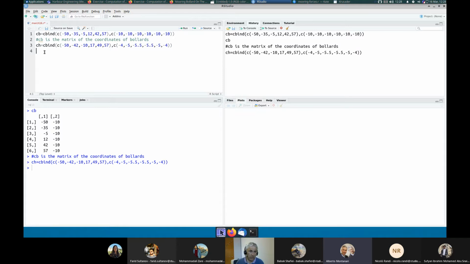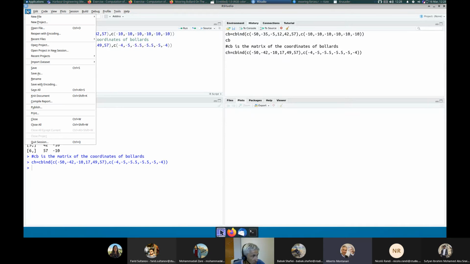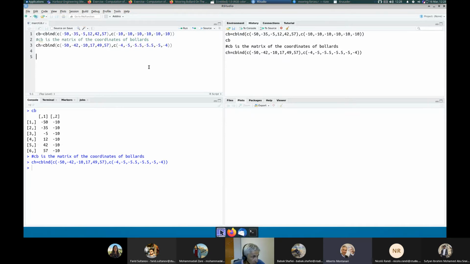Okay, let's say no for now, because to me it's clear that if the first line is coordinates of bollards, then the second line is coordinates of chocks. But you may decide to put a comment. It's up to you, okay? Now, I put a blank line here just for my personal organization, and let me save it, okay? And more rapidly, Control S. Once in a while, save it.